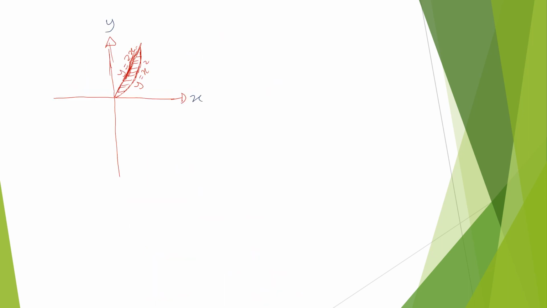Now we locate our points of intersection on the graph: (0, 0) here and (2, 4) here. Now let us consider type 1. It should be vertical lines for x.